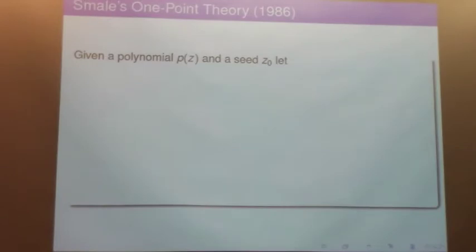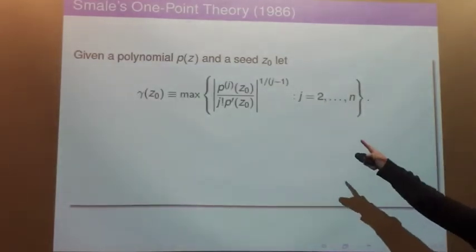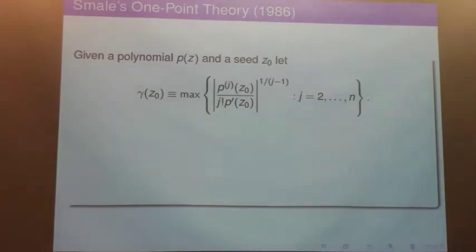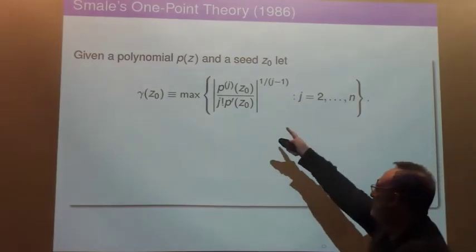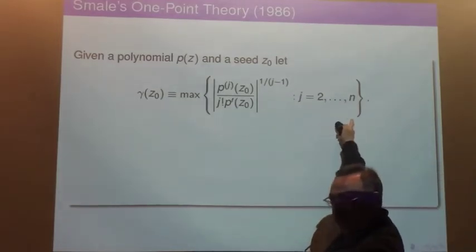Smale's one-point theory is one of the nicest results on Newton's method. It says if you have a seed Z0 and you compute this number, where higher derivatives must be computed of the polynomial, all the derivatives actually.